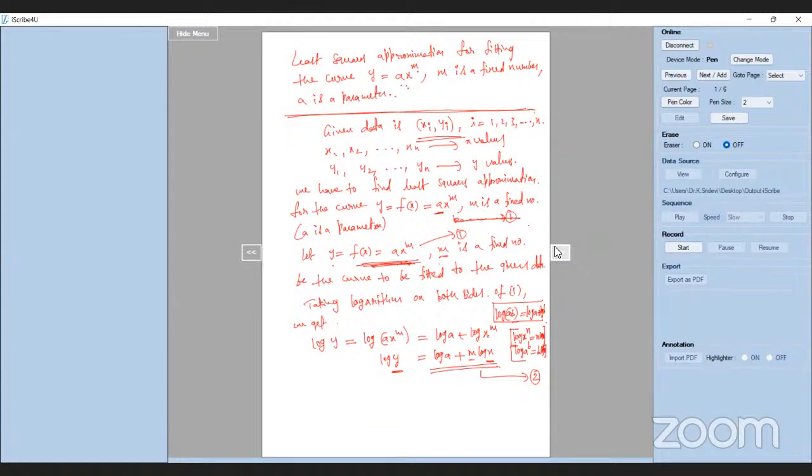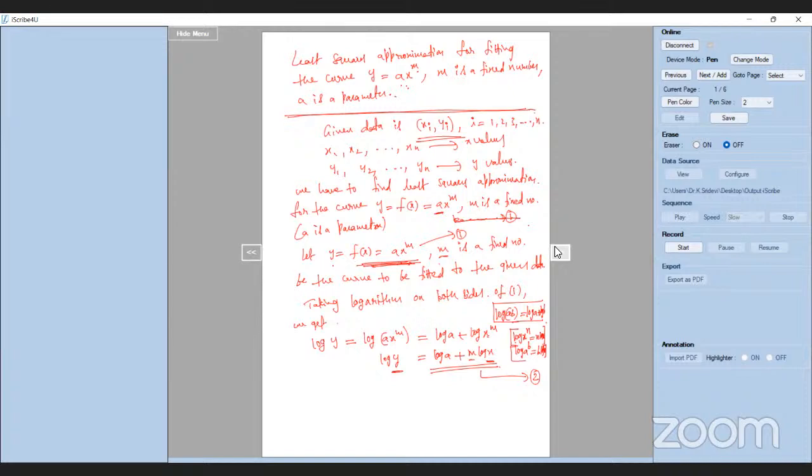So that means the concepts which we have discussed, that y is equal to a plus bx or y is equal to a plus bx plus cx square. So a plus bx is a first degree polynomial, it is in the linear form. And a plus bx plus cx square is a second degree polynomial. Anyway, it is in the linear form. If the function is in that form, we can have the normal equations to find the values of parameters.